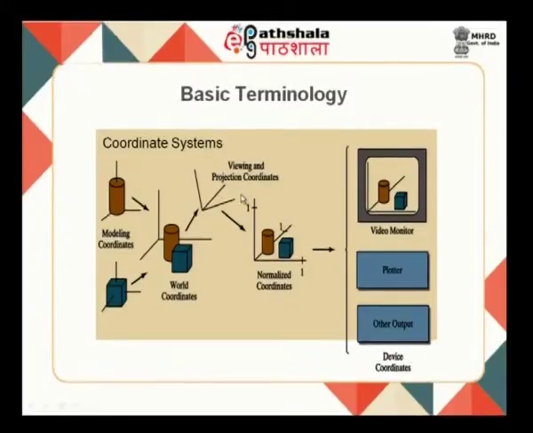Once you choose the viewing coordinate system, the next step is to convert the world coordinates to viewing coordinates, followed by converting the viewing coordinates to projection coordinates, and finally to normalized coordinates, which are finally given to the device for display.